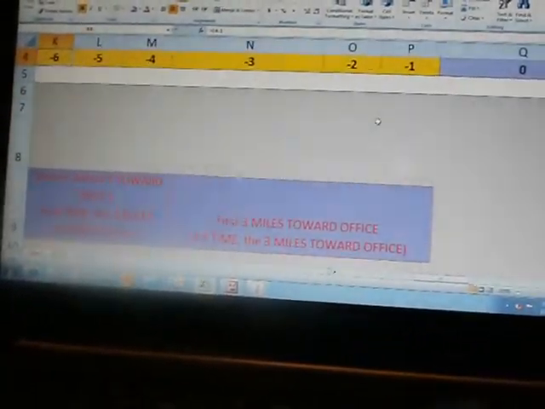That is, first 3 miles you are traveling, minus 3, that is toward office, and you are doing the same travel in the same direction, you are continuing it. The second time, you will reach minus 6, that is 6 miles away from home in the left direction. So that is how minus 3 into plus 2 equal to minus 6.